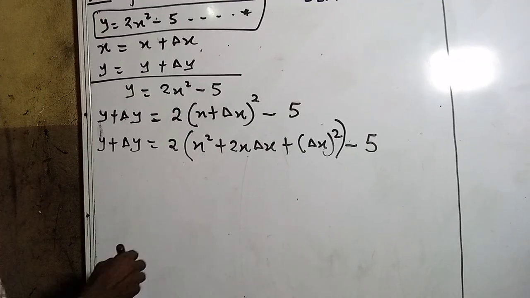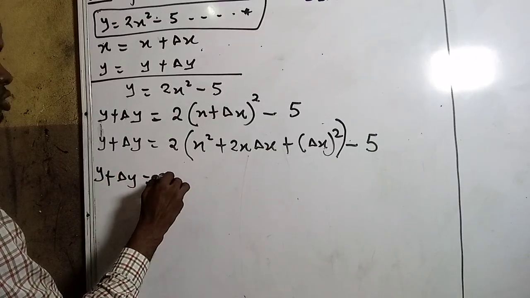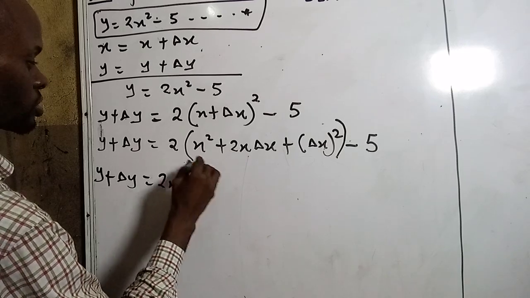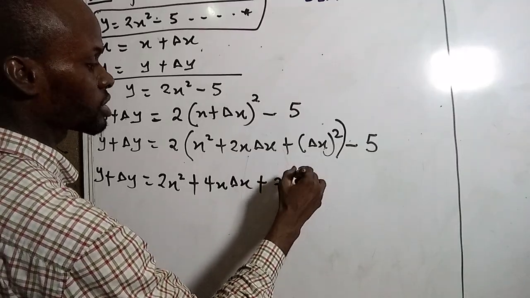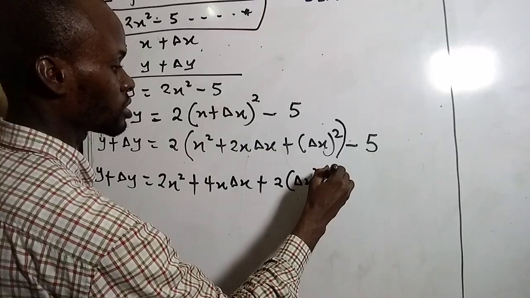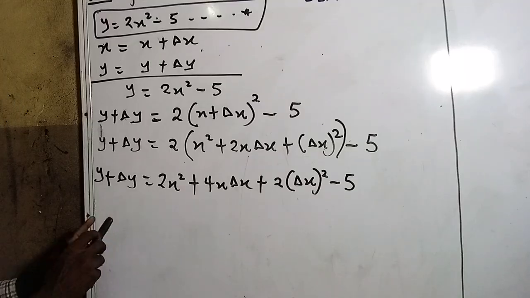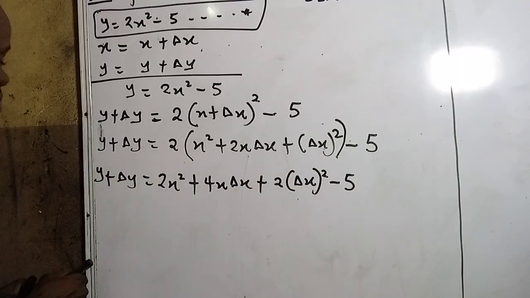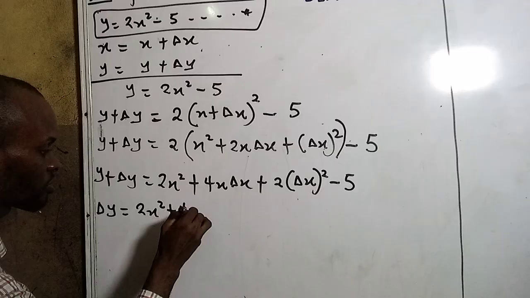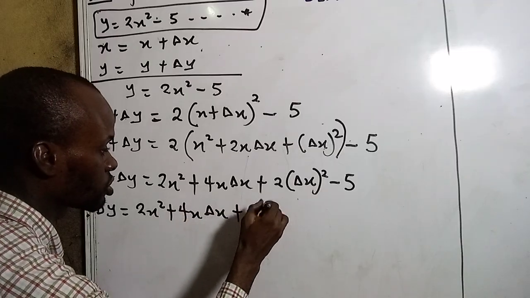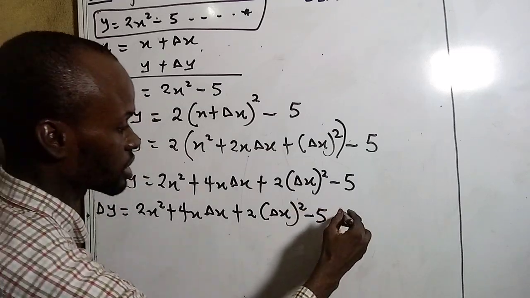So when we multiply through by 2, we have y plus dy equals 2x squared plus 4x dx plus 2 into bracket dx squared, minus 5. The next thing, we want the y to remain on this side, so this y has to come to this side. We have dy equals 2x squared plus 4x dx plus 2 into bracket dx squared, minus 5. Then if this y comes to this side, it becomes minus y.